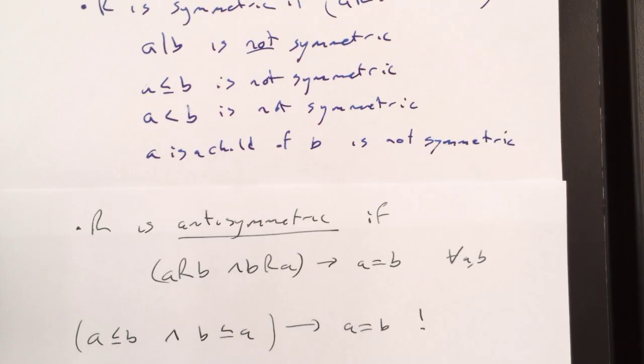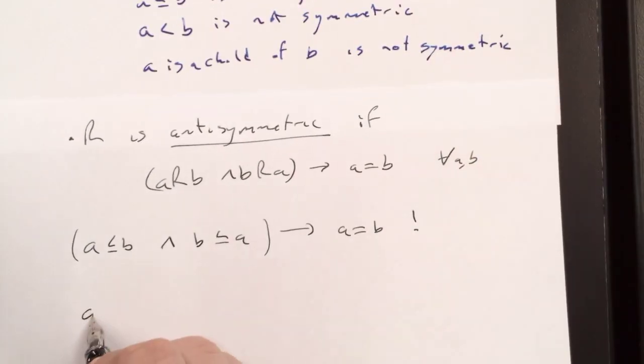Look at our division relation. Suppose I know that A divides B and B divides A. Our division setup. I'm going to make an assumption.